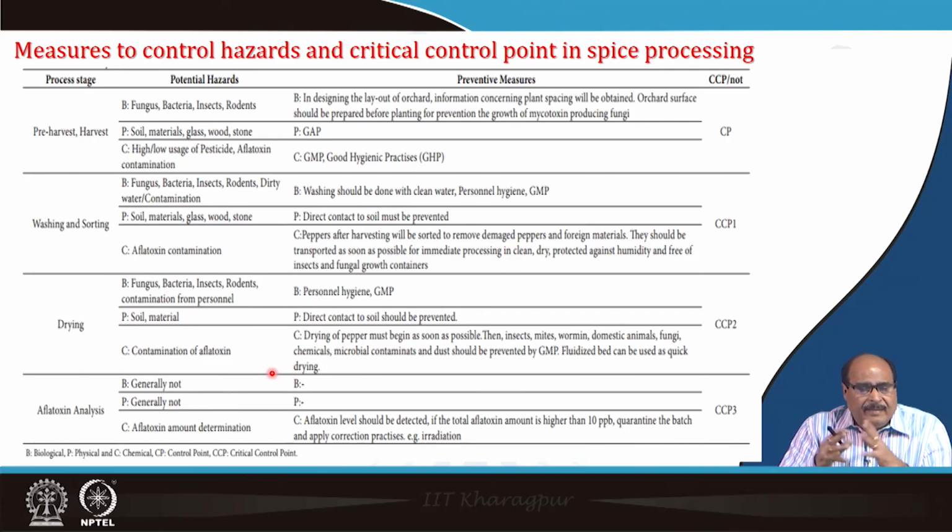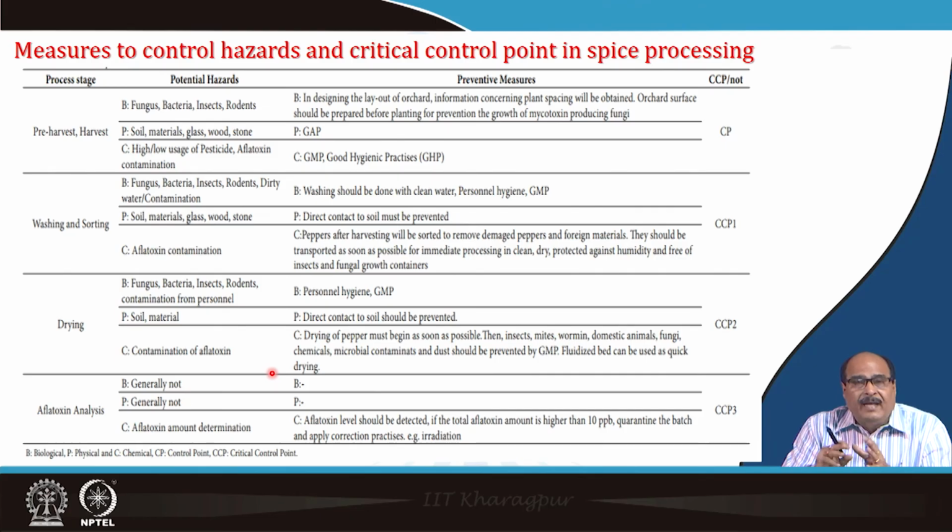Then again in the case of spices, there are measures to control hazards and critical control points in spice processing at the various stages. For example, in drying, the potential hazards may be fungus growth, hazards from soil or material, or contamination with aflatoxin, etc. So preventive measures should be taken; direct contact with the soil, etc., should be prevented.